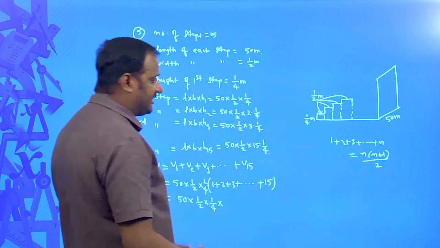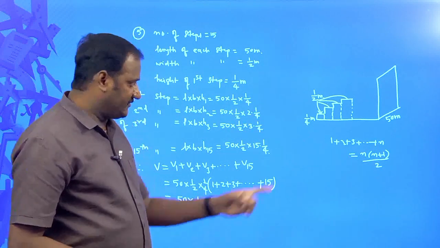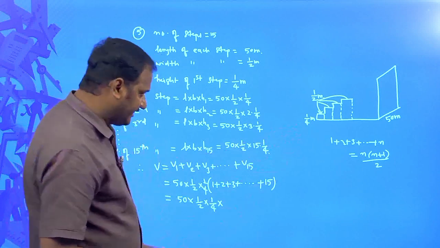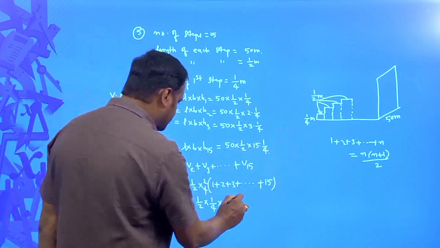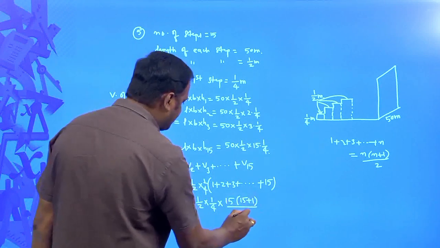How many natural numbers are there? 15 natural numbers are there. Can we use that formula? Can we substitute 15 is equal to n? Right. So, n into n plus 1 by 2, that is 15 into 15 plus 1 divided by 2, right.